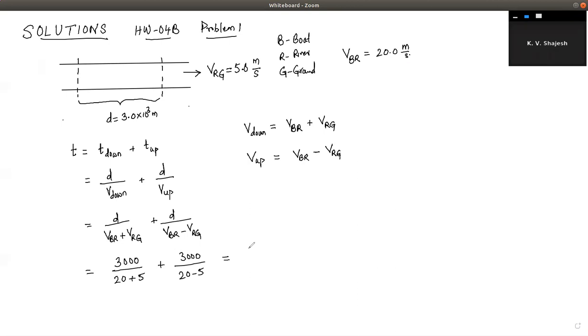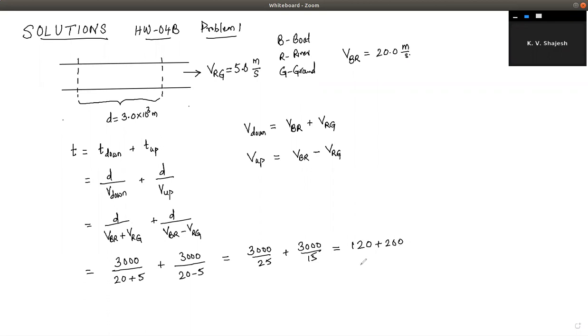So that's 3000 divided by 25 plus 3000 divided by 15, and that's 120 plus 200.